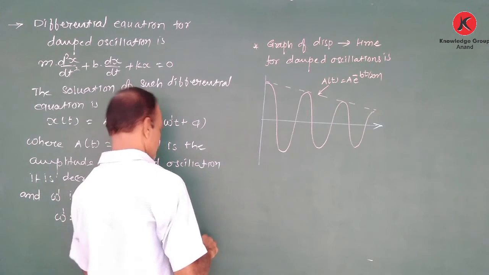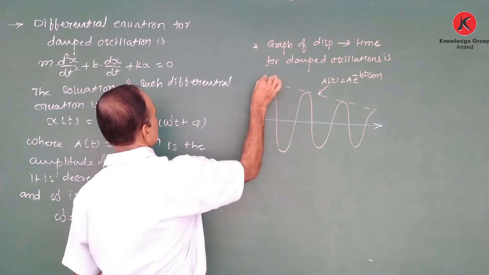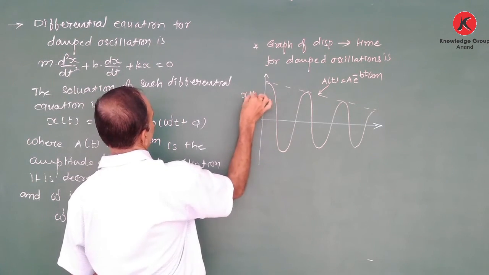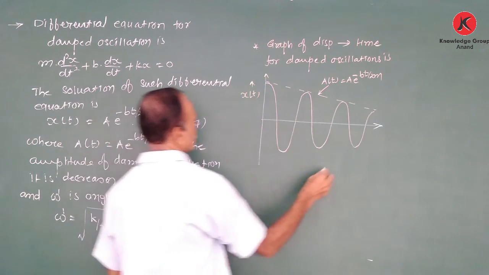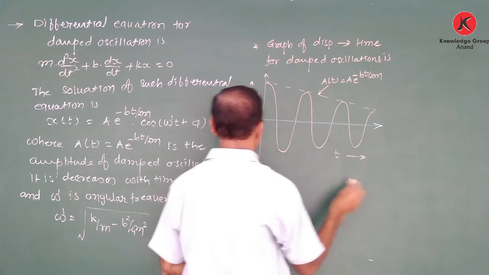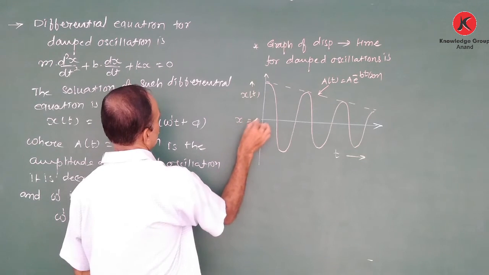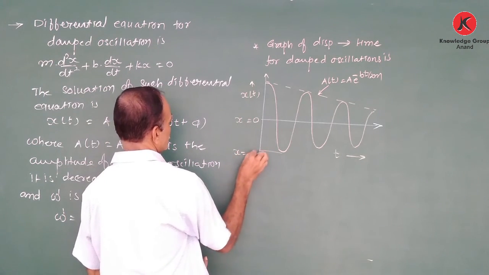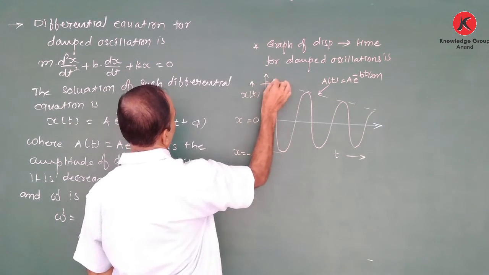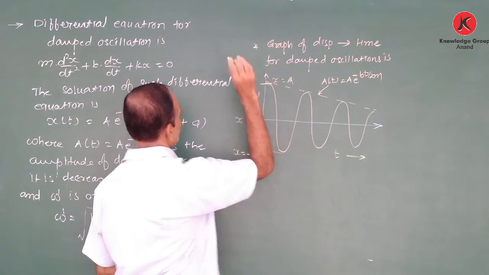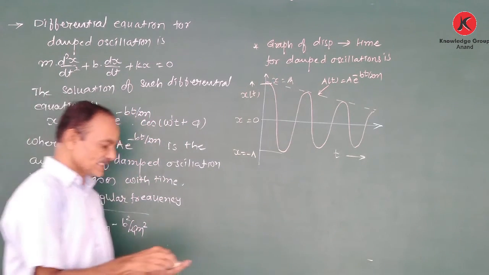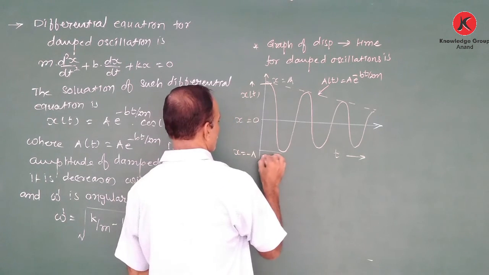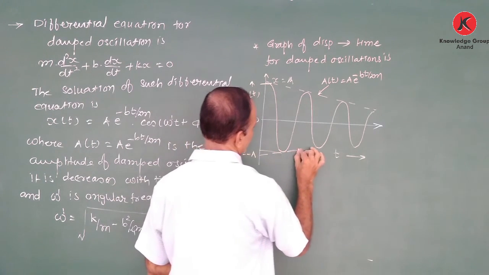Here we consider the displacement x(t) along the y-axis and time t along the x-axis. There is the x is equal to 0 position, and there is x is equal to minus A, corresponding to the x is equal to A position. In the same way, here the displacement continuously decreases with time.